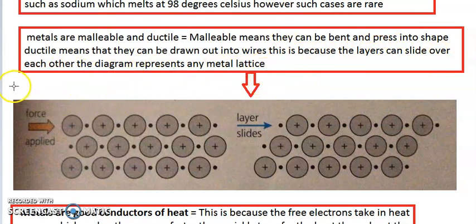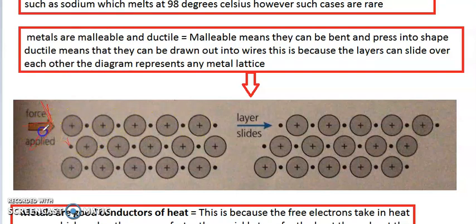Now I've got a diagram over here which shows it more clearly why metals are malleable and ductile. So for example, if force is applied over here, a lot of force, right? Now these atoms are tightly packed together. There's hardly any space, okay? So when force is applied, the metals are pushed forward.